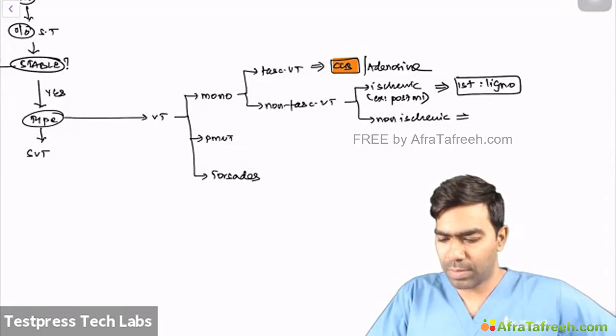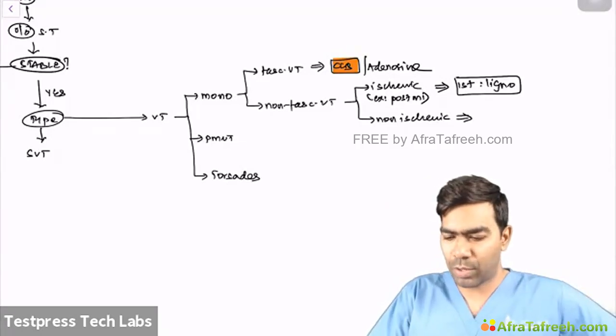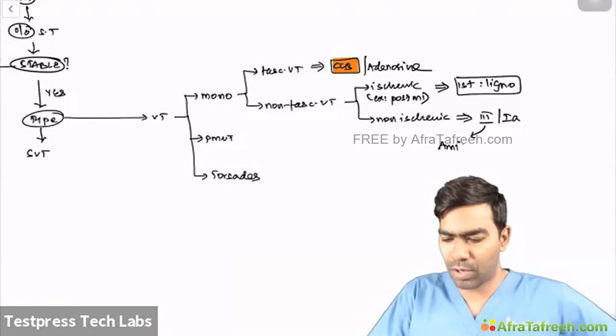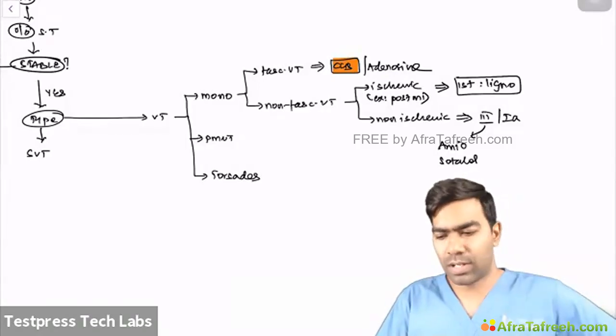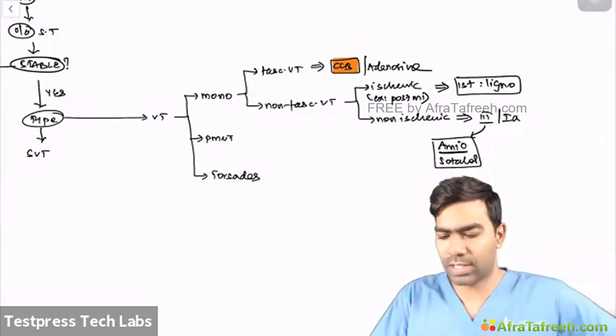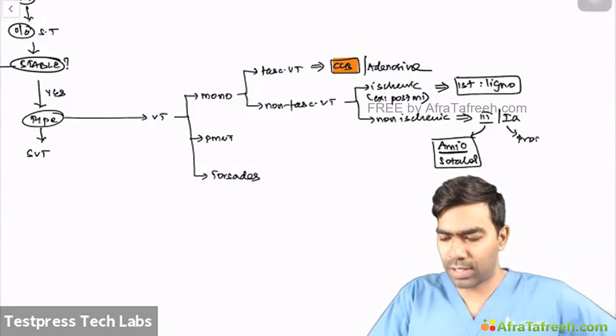If it's a non-ischemic VT, then straight away I'm going to use either a class 3 drug or even a class 1A drug. Among class 3 drugs, I can use amiodarone, sotalol, or even ibutilide, but amiodarone and sotalol are very commonly used, and amiodarone is an extremely commonly used drug. Among class 1A drugs, I can use procainamide in this setting.